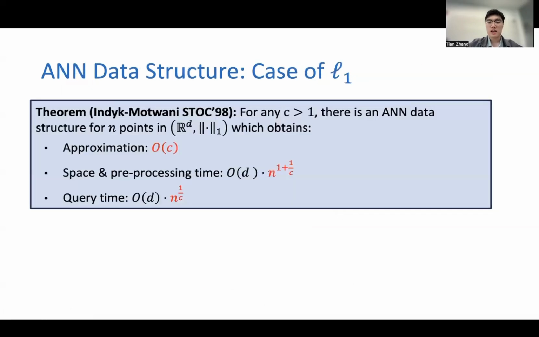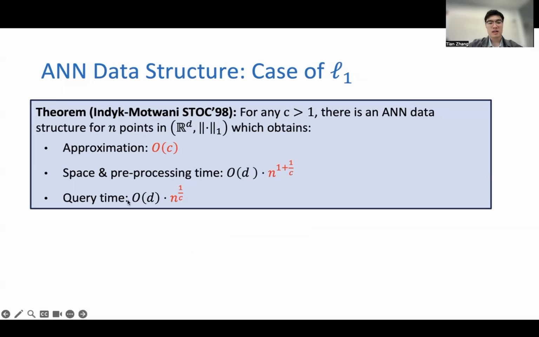For the L1 normed space, Indyk and Motwani give a very efficient data structure which achieves approximation C and the pre-processing time n to the 1 plus 1 over C, which is subquadratic. That means we do not compute the pairwise distance of our data set.